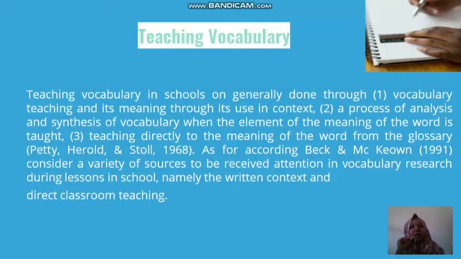Okay, the next slide is about teaching vocabulary. Teaching vocabulary in school is generally done first through teaching its meaning through its use in context, and second through a process of analysis and synthesis of vocabulary, when the elements of the meaning of the words are taught, and then teaching directly the meaning of the words from the dictionary.